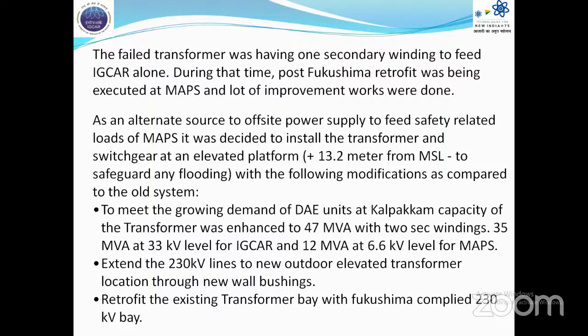Some of the improvement activities carried out in MAPS Kalpakkam: an exclusive 200 kVA air-cooled DG was introduced on the 5th floor to meet flooding conditions, to feed power supply for fire water pumps, emergency core cooling systems and other control supply units.